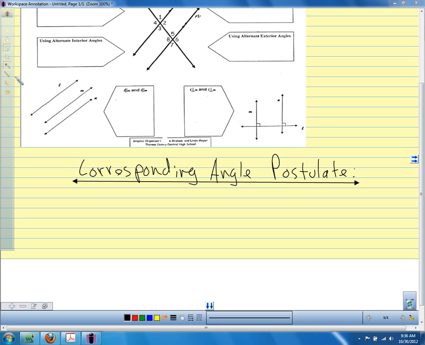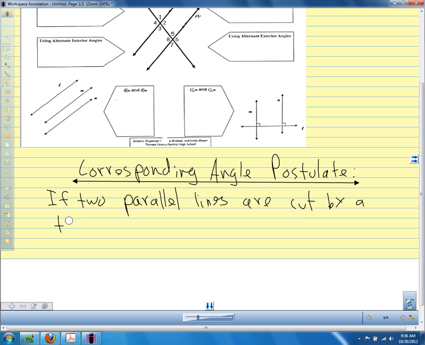So our corresponding angle postulate says if two parallel lines are cut by a transversal, then corresponding angles are congruent.